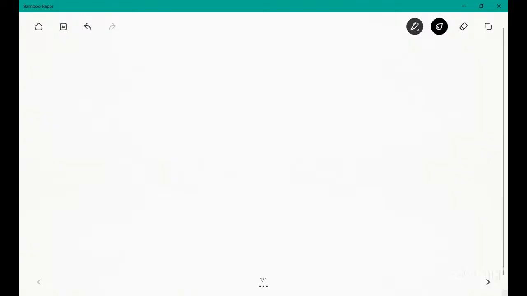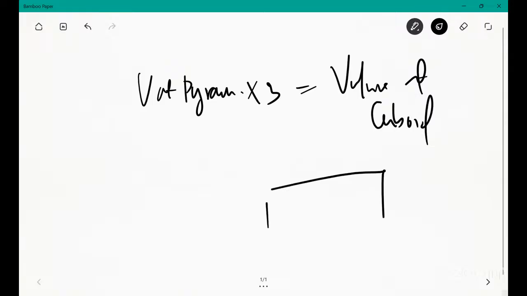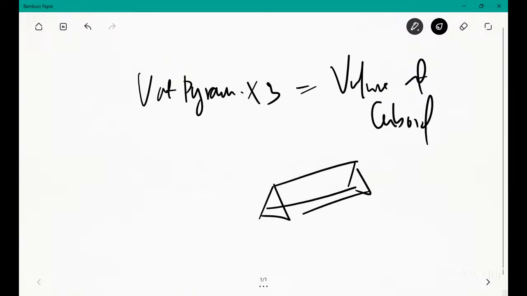It is known that the volume of a pyramid times 3 is equal to the volume of a cuboid. So what's a cuboid? It's a rectangular one. So same thing, like a prism is triangular, a cuboid is something like this.